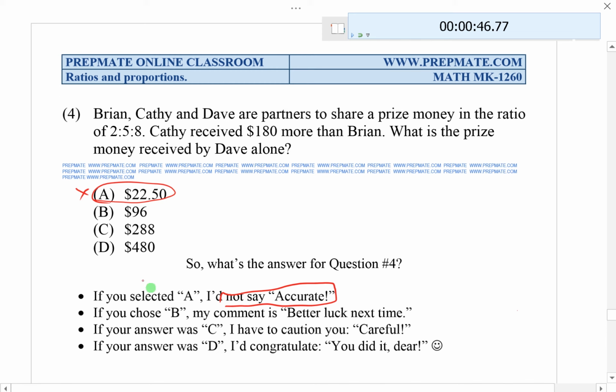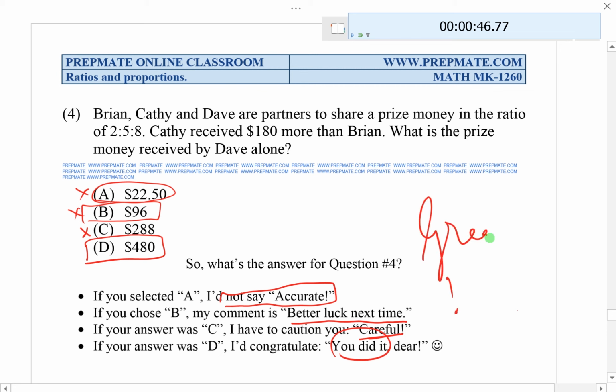If you chose B, which is $96, then my comment is going to be better luck next time. So that's also not correct. If your answer was C, I have to caution you. Careful, my friend. So that's also not the correct answer. But if your answer was D, 480, then you did it. Great job.